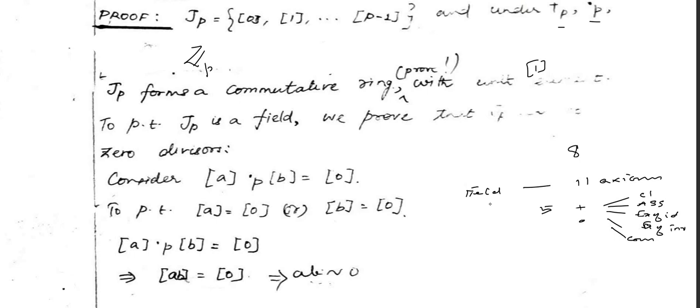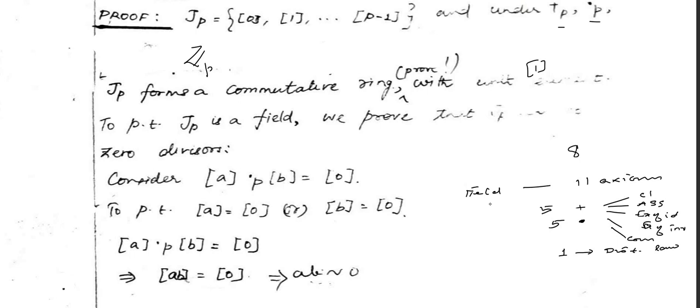And similarly with respect to multiplication, 5 more: closure, associativity, existence of identity, existence of inverse, commutativity with respect to multiplication. And then the distributive law. So this is one way we establish a field, with these 11 axioms.